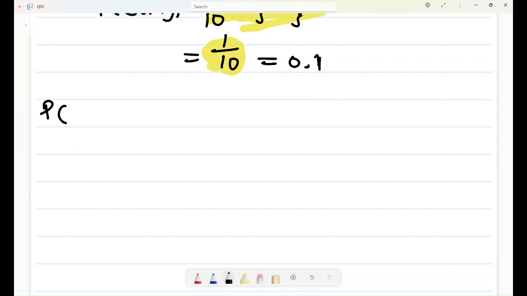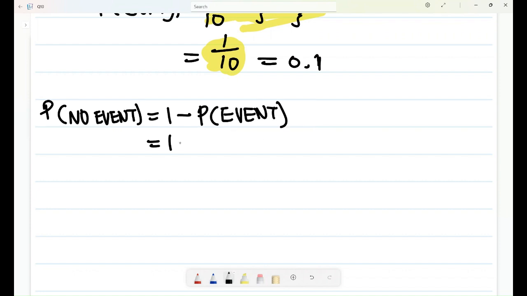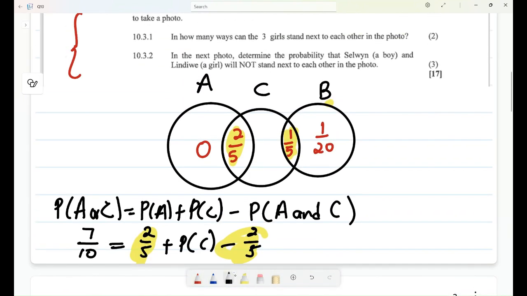So what I mean is that you have to say the probability of no event is equal to 1 minus the probability that there will be an event. So what do I mean? What is the probability that there will be an event? It is this. This is telling us that we have an event here. All of these things inside the diagrams mean we have a probability of those events, right?